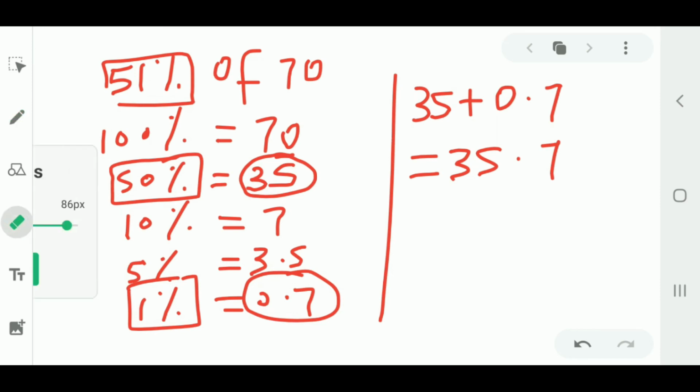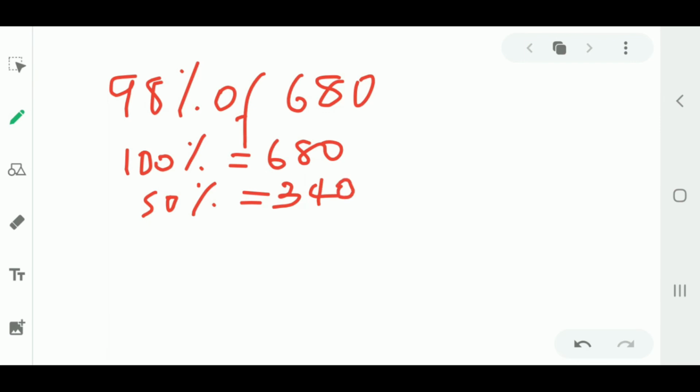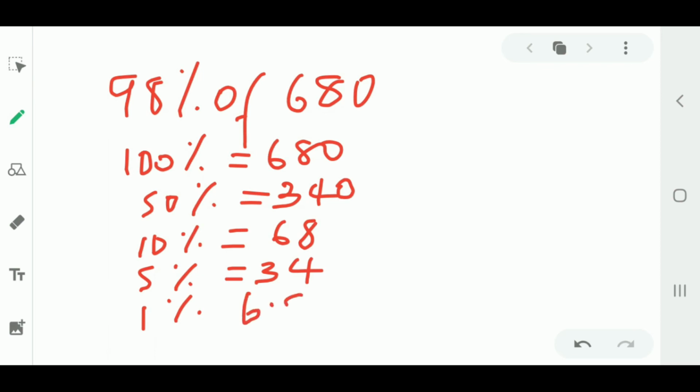Let's try one last one. Let's say we want to find 98% of 680. So 100% of 680 is 680. 50% is half of that, which is 340. 10% is 68. 5% is 34. And 1% is 6.8.